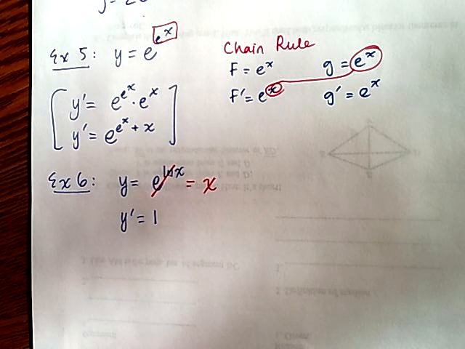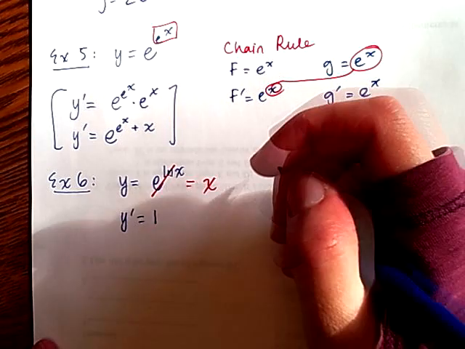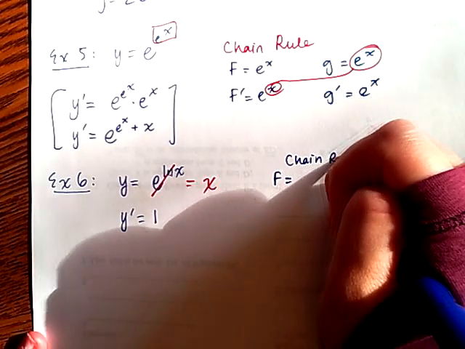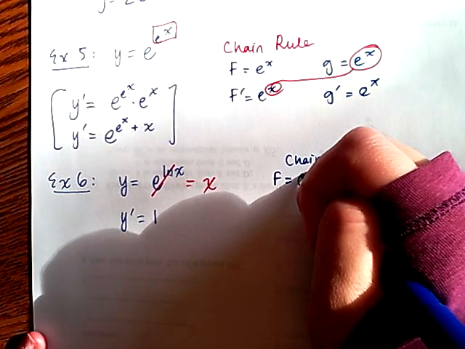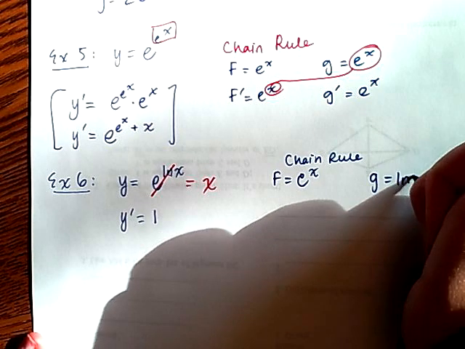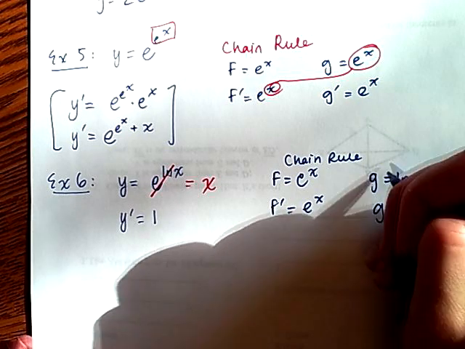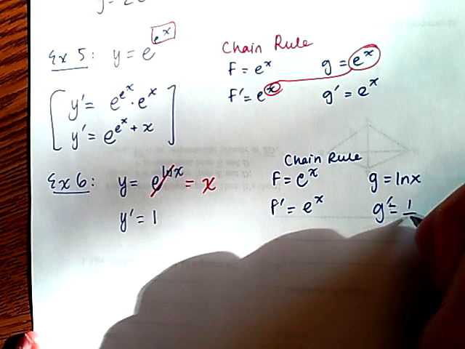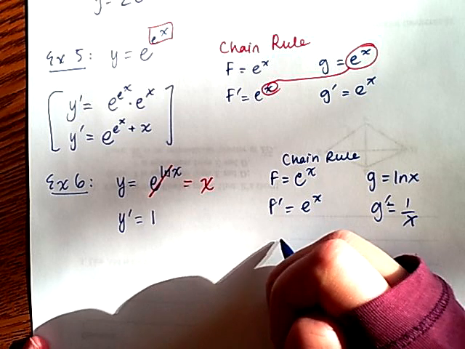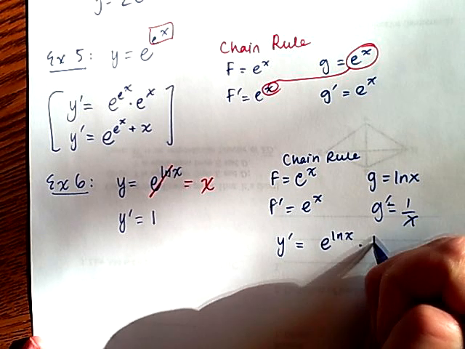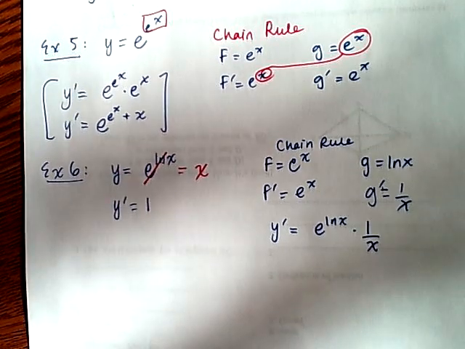If I didn't necessarily see that, then the idea is I could have done like a whole chain rule, right? Where I said f is e to the x and g is ln x, f prime is still e to the x, and g prime is 1 over x, in which case I get y prime is e to the ln x times 1 over x.